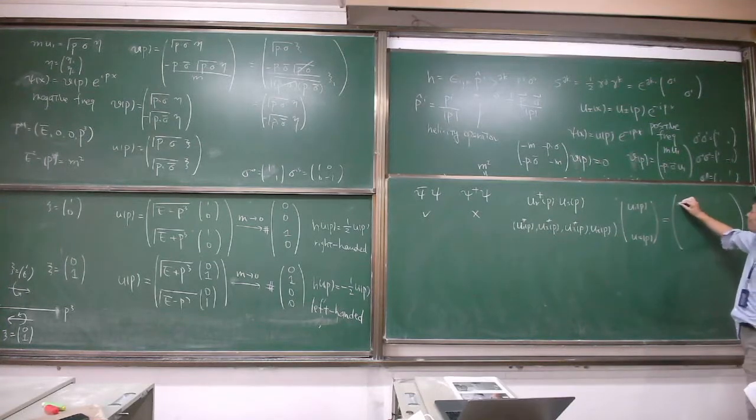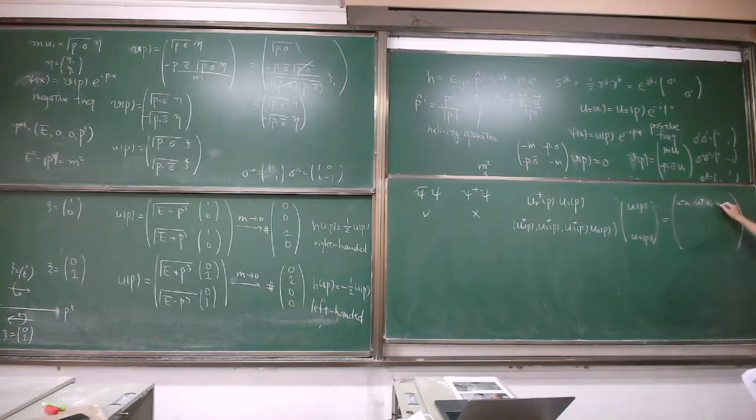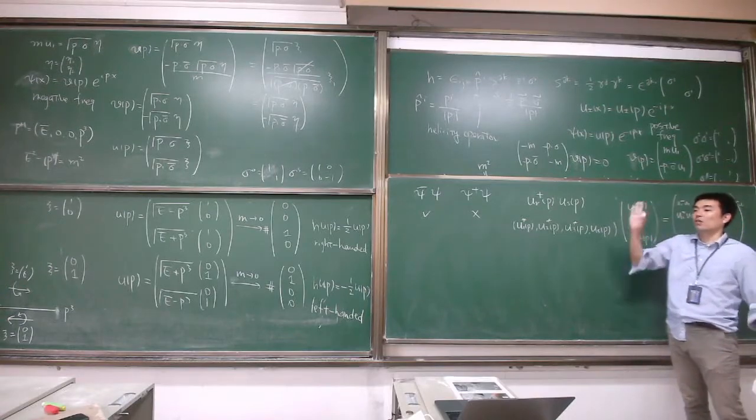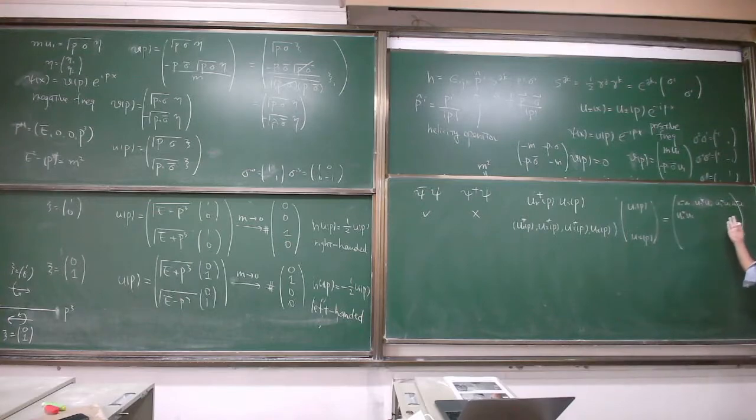So U1 star, U1; U1 star, U2; U2 star, U1; U3 star, U1; U4 star, U1, whatever. You understand what I meant? U1 star, U2. It's just the multiplication of the row vector and the column vector. You create a 4x4 matrix. That's what I'm doing. Is it okay?